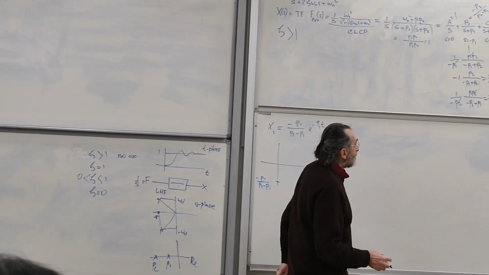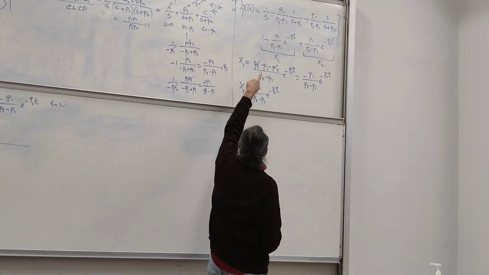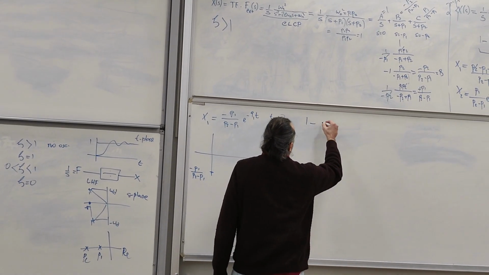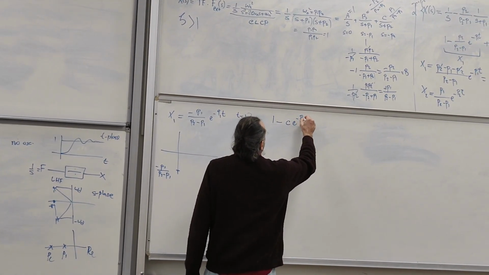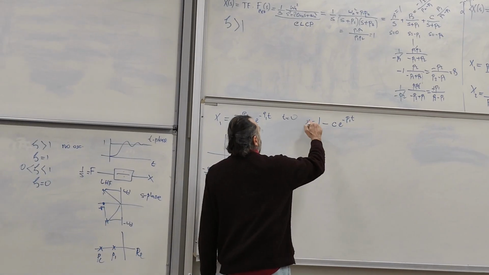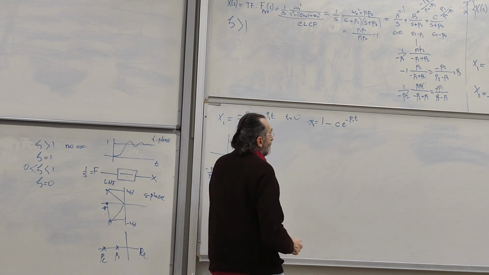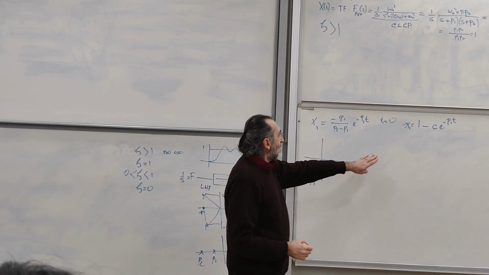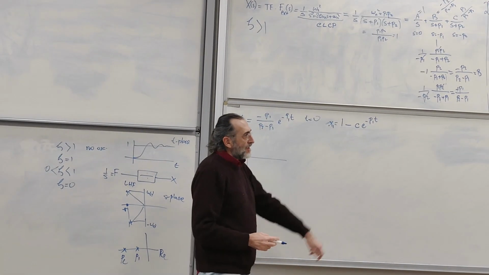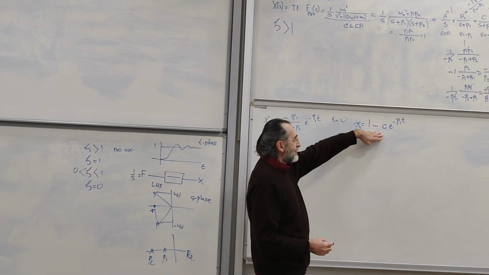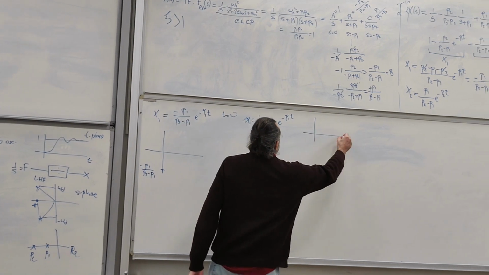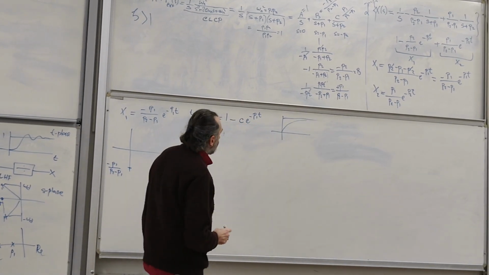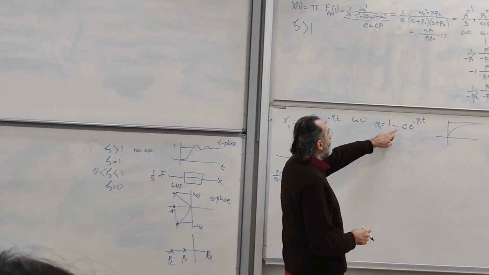And as you can see from here, 1 minus some constant times e to the minus p1t is my x1. Okay, this is what I'm going to plot as a line, an exponential that is upper bounded, so it rises and stabilizes at some upper bound, because this is what 1 minus is.